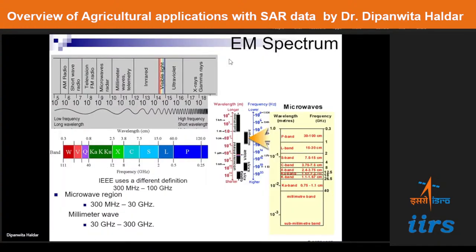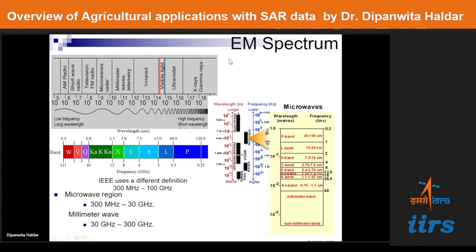The electromagnetic spectrum you have studied in your earlier classes consists of a large spectrum of wavelengths. The visible domain is a very small part. Our eyes can sense mostly in this domain, and optical remote sensing basically makes use of only this fraction of the entire spectrum.